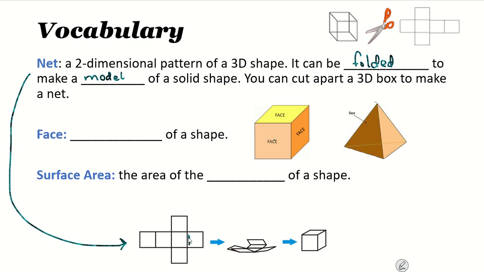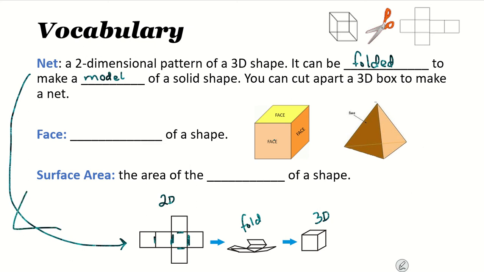You fold along the lines. Wherever there's a line, that's where you make a fold. Because you might be doing this later today, making your own box. Fold along the lines and turn it into a box. So the net is 2D, but when you fold, it turns into a 3D shape. All right, that's one way to do it.